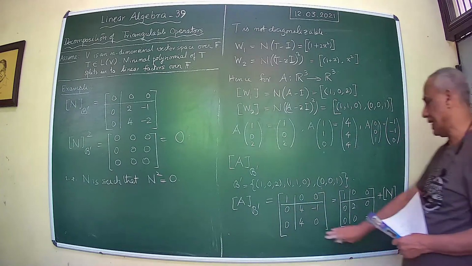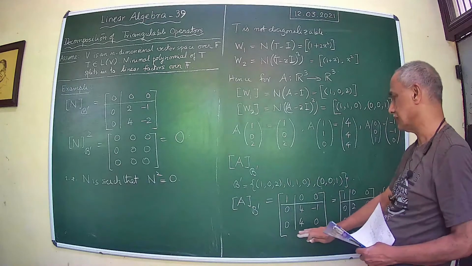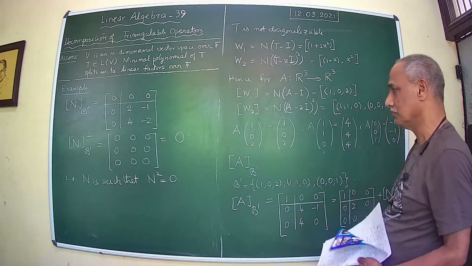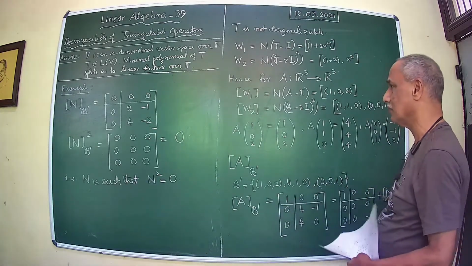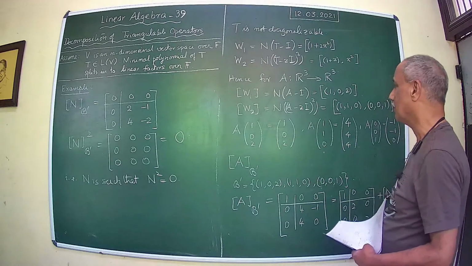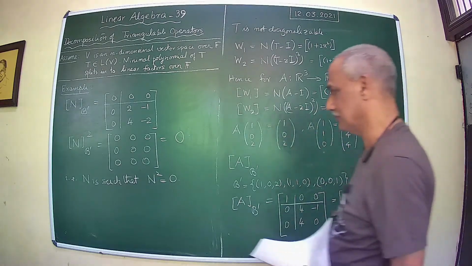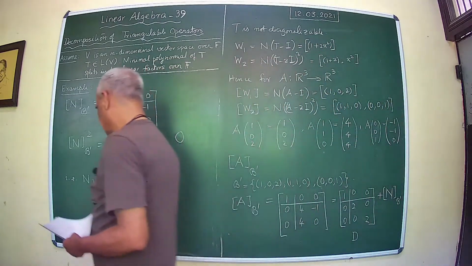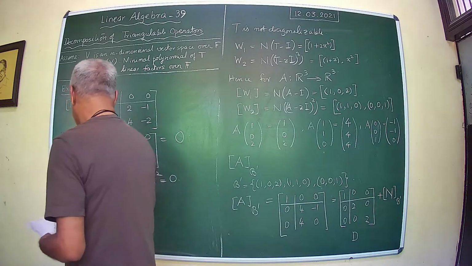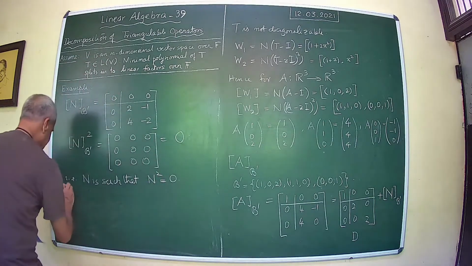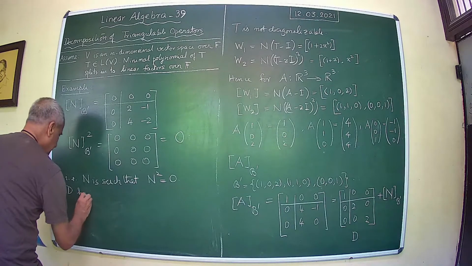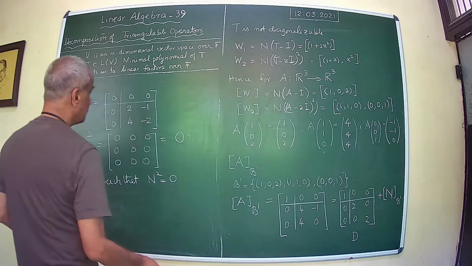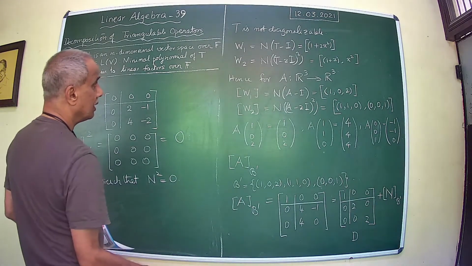See that the entire class of vectors in W2 becomes eigenvectors of the operator P. So you see that P has, what is it?